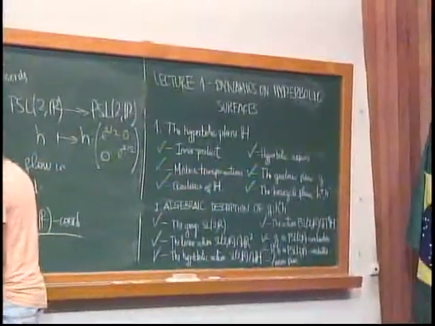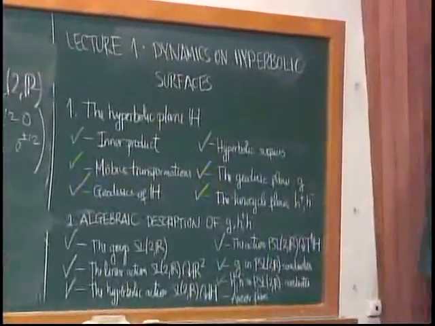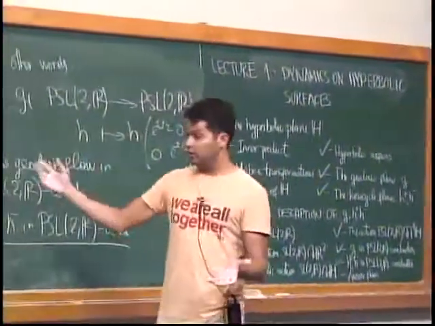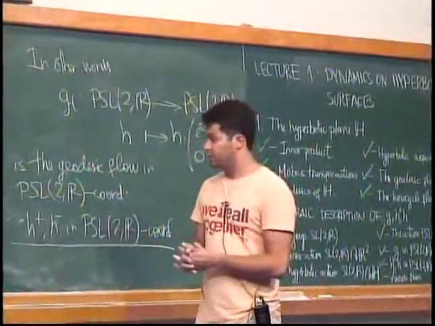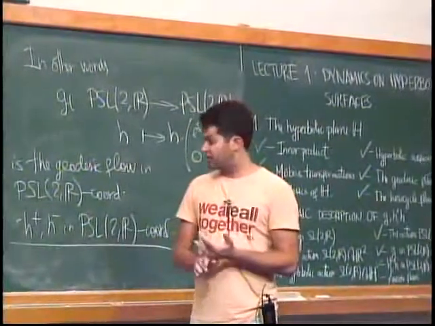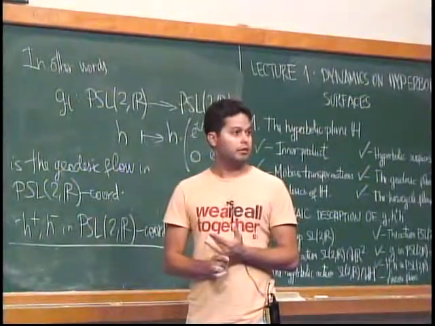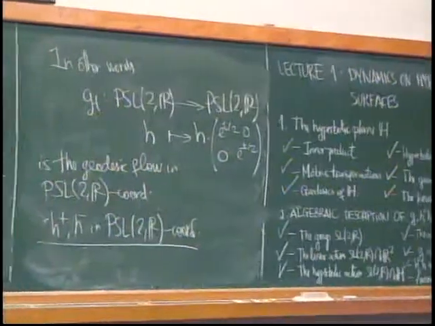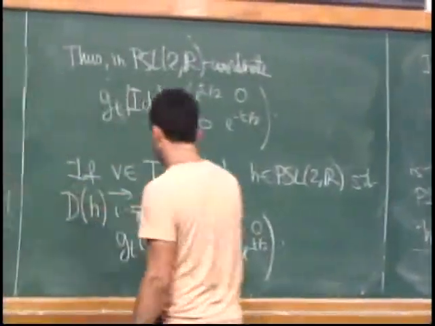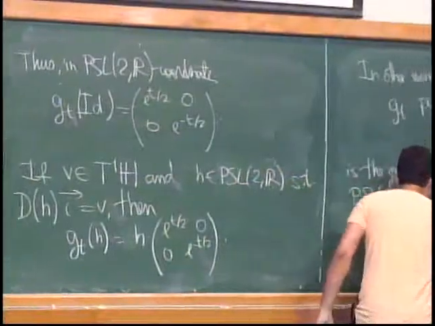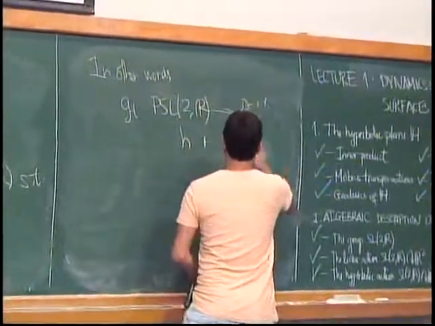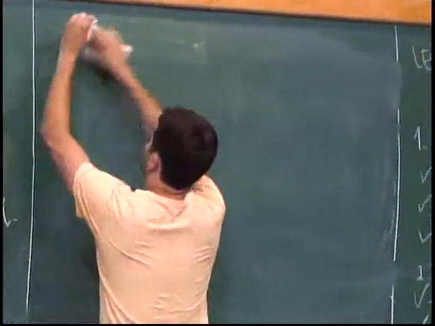So let me just make a conclusion, which is to compare geodesic and horocycle flows, at least on hyperbolic surfaces. As I said before, geodesic flow is a nozzle, right? So instead of considering geodesic flow on PSL2R itself, so the geodesic flow on the space H, we could consider quotients.